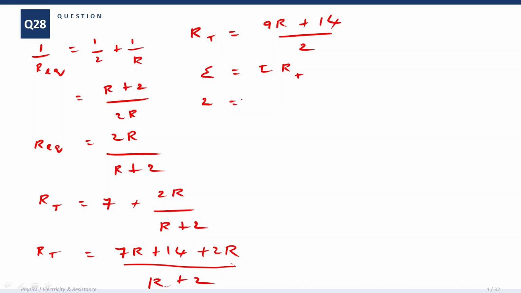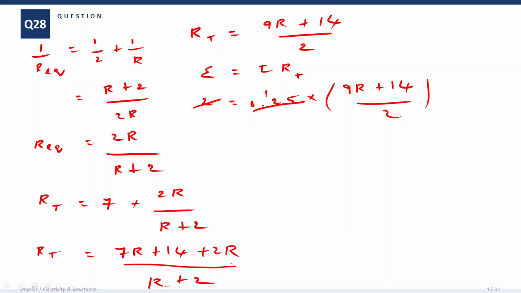Current is 0.25. It is 0.25. 0.25 times RT, and RT is 9R plus 14 by R plus 2. Then I will do the cancellation here.